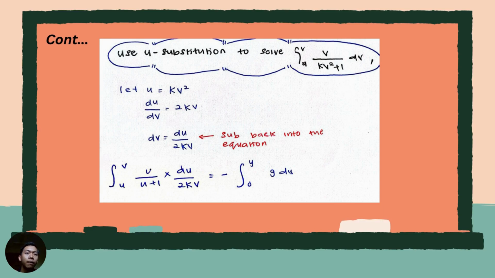So from the equation, we integrate with the limit of v and u, v over u plus 1 times du over 2kv, which is equal to negative integral with limit y from 0 of g dy.